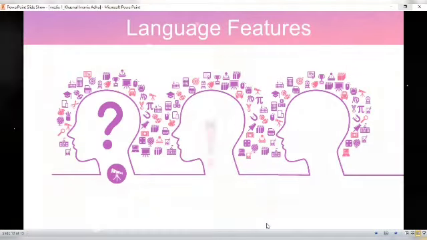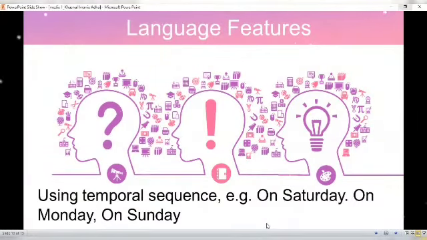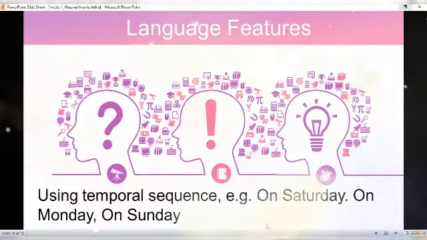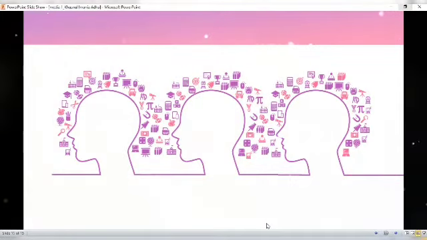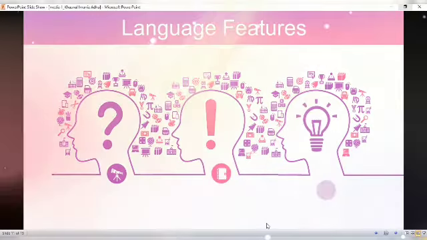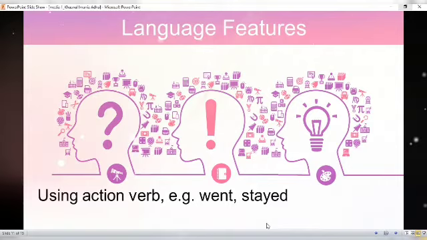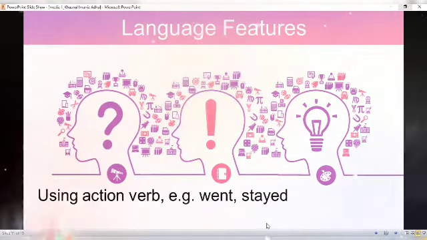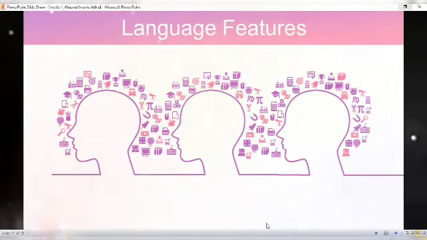Next, use temporal sequence, on Sunday, on Monday, etc. And the next language feature is using action verbs. For example, you can use went, stayed, and so on.